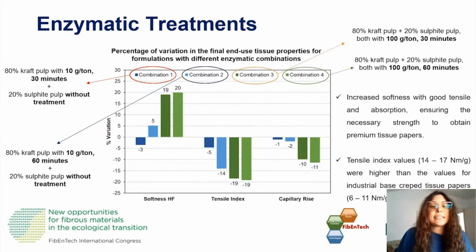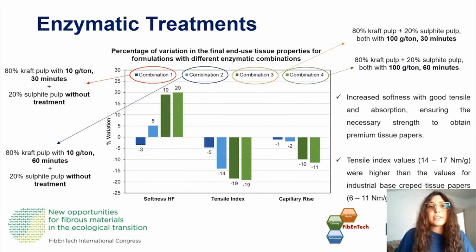Additionally, a design was proposed that combines 80% of the enzymatically treated kraft pulp and 20% of the sulfite pulp with and without enzymatic treatment. The conditions of these combinations are presented here in this slide, as you can see, on both sides.